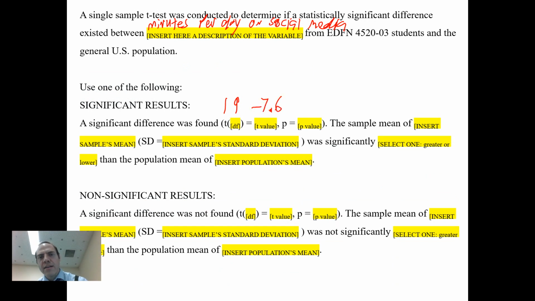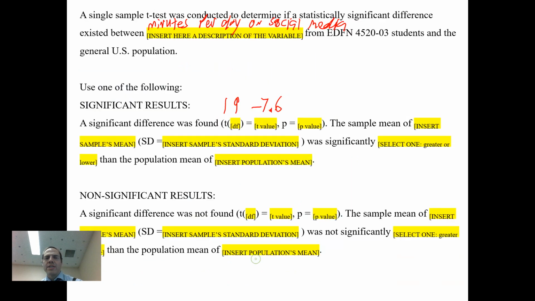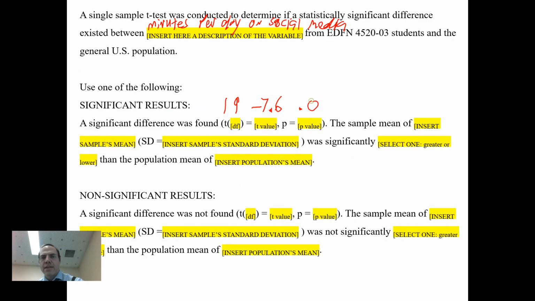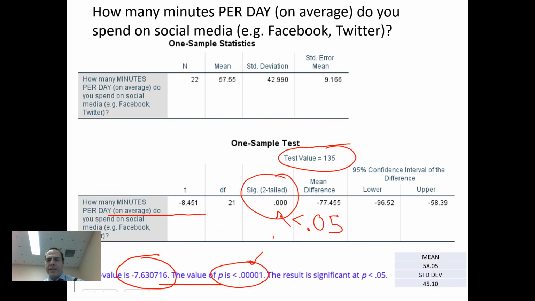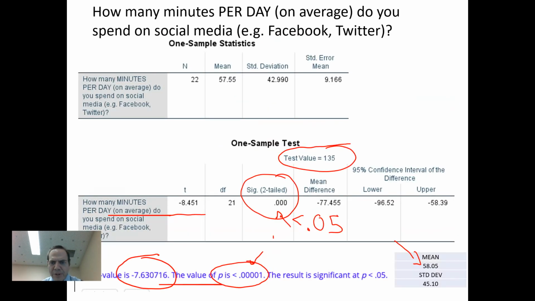P-value, you could either put this or you could just put 0.00. That's fine. The sample mean, if you use Excel, it should be 58.05. Standard deviation of the sample, 45.10.